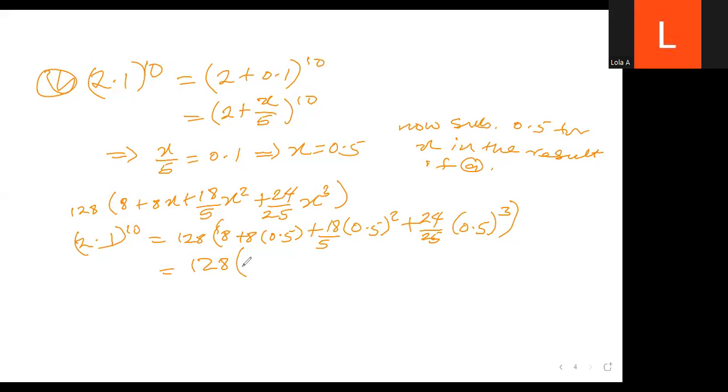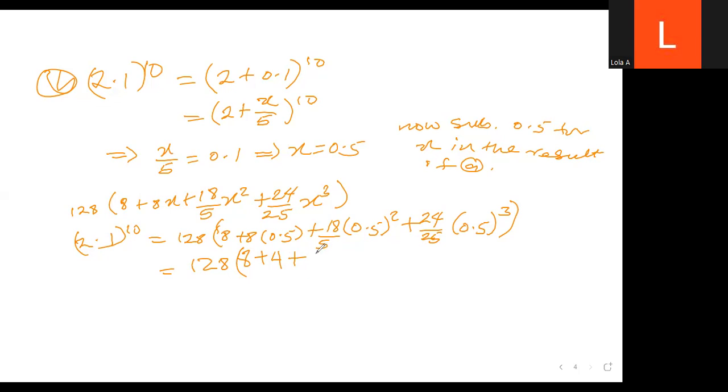Yes, sir. If you put your calculator into that, so you're going to have 8 plus 4 plus, now 0.5 raised to power of 2 times 18 divided by 5.